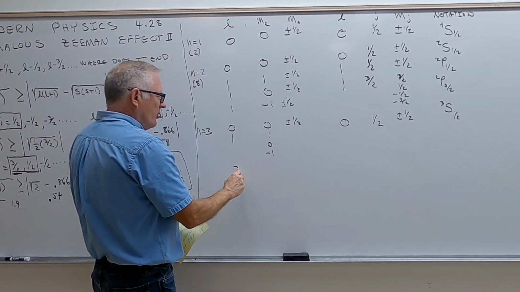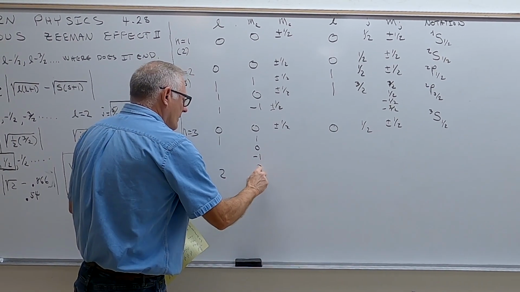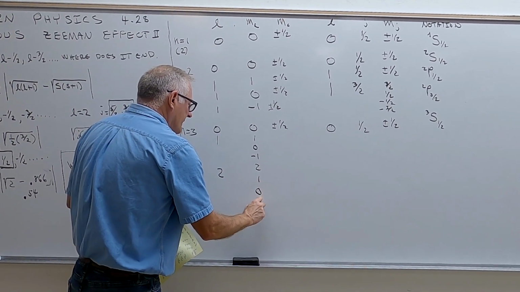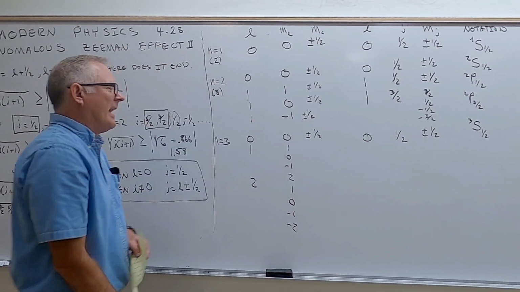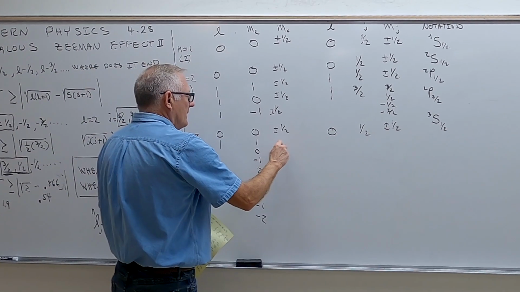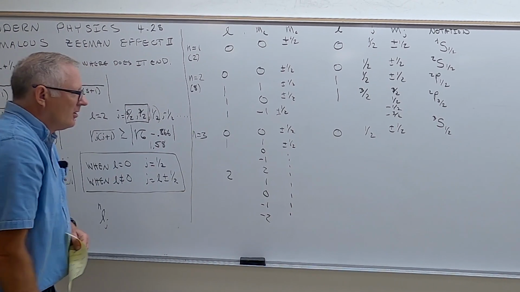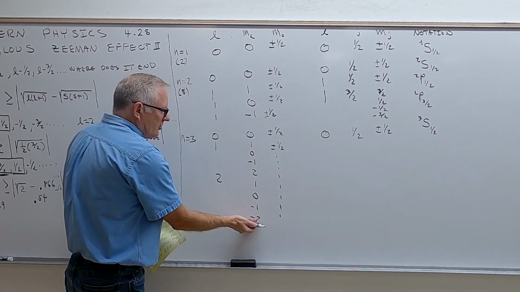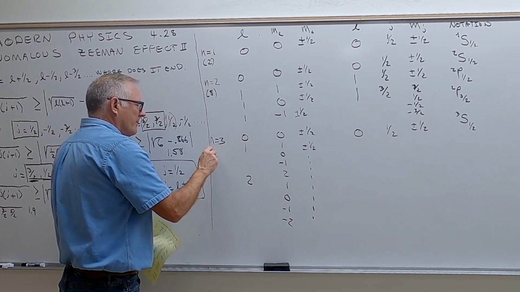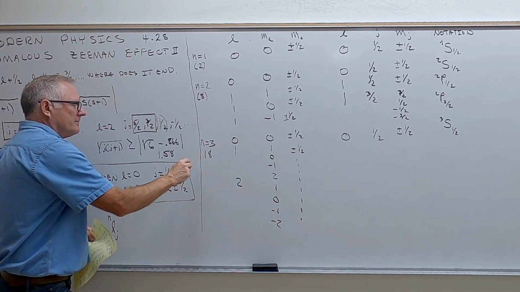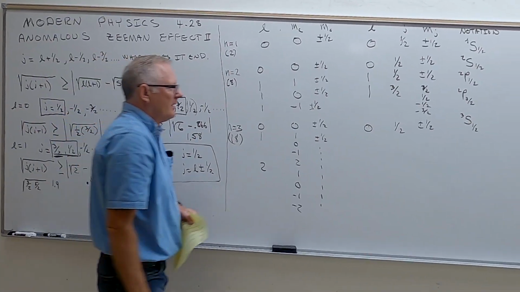And you could have 2, 1, 0, minus 1, minus 2. And each one of these has a plus or minus a half with it, all the way down. So the total number of states is 2, 4, 6, 8, 10, 12, 14, 16, 18. I should be able to get 18 states over there too.